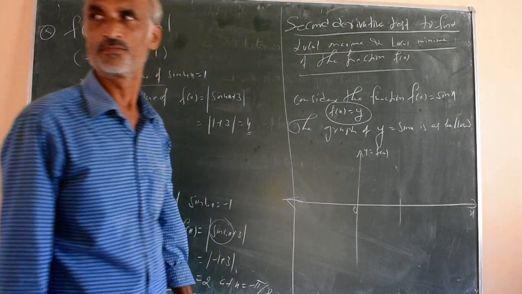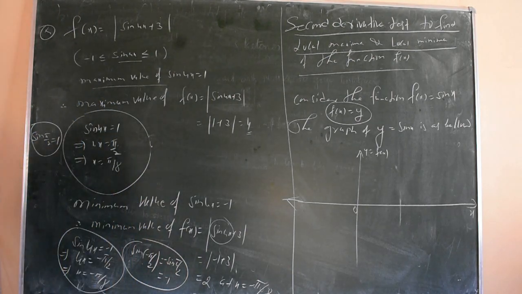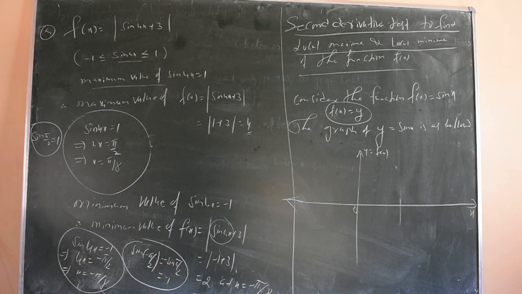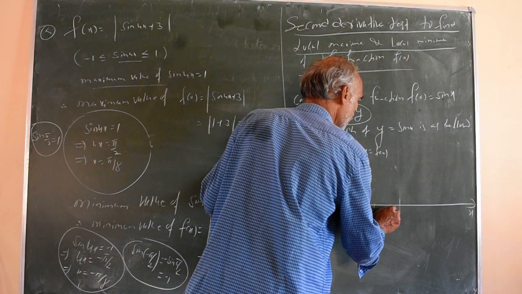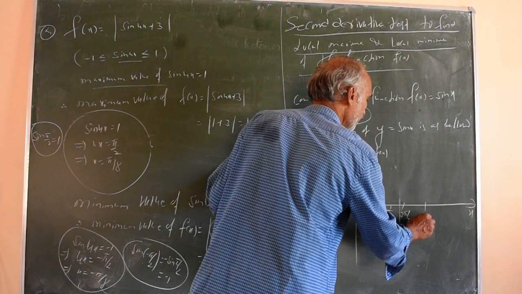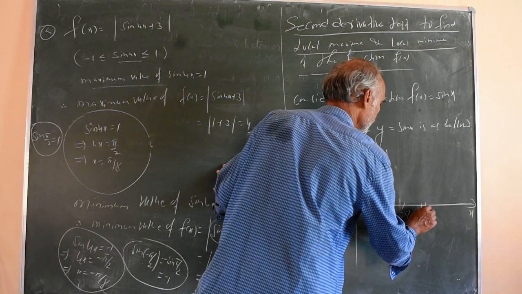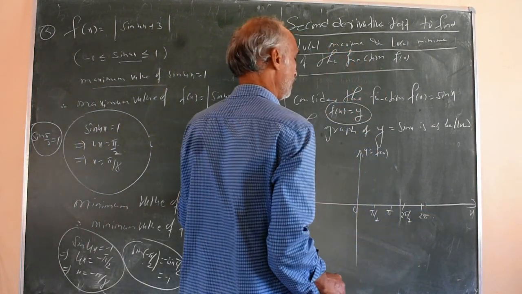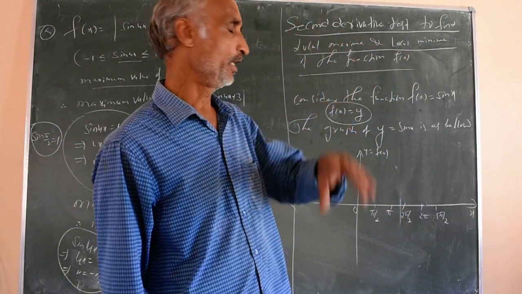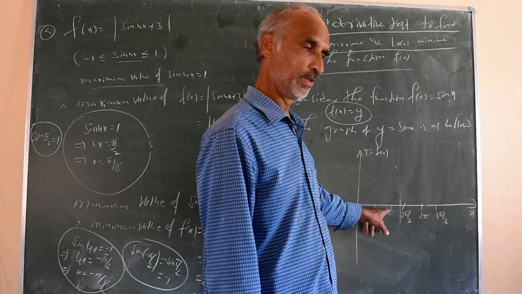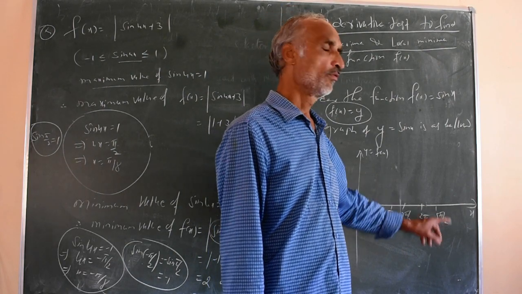Here mark the points pi by 2, 2 pi by 2 which means pi, 3 pi by 2, 4 pi by 2 which is 2 pi, 5 pi by 2, like that.